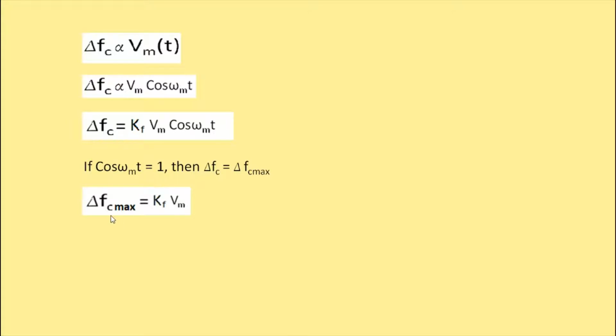So at this condition, whatever the delta Fc value we get, we represent it as delta Fc max. The reason why we are giving this subscript as max here is because the maximum value that cos can take up is 1. So now delta Fc max is equal to Kf into Vm.